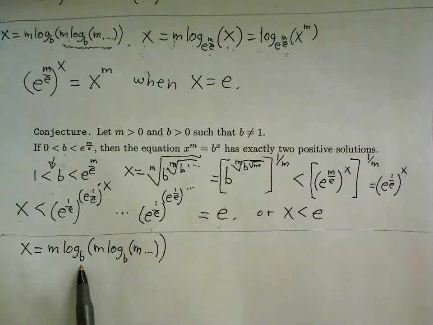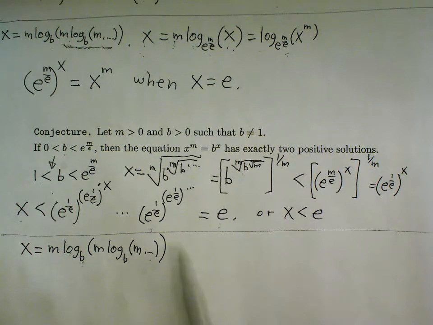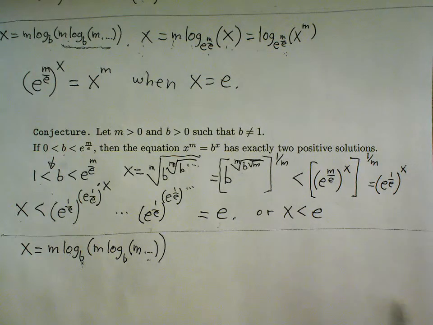One of the things about logarithms: if you take a base b logarithm of something, and then increase the size of the base but leave the argument the same, the number gets smaller.